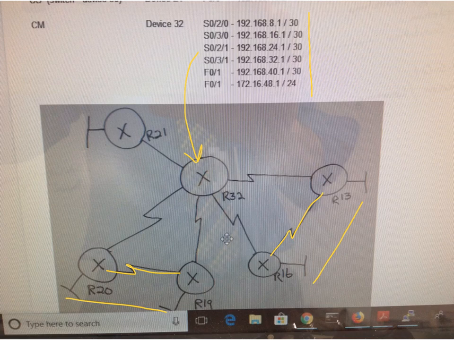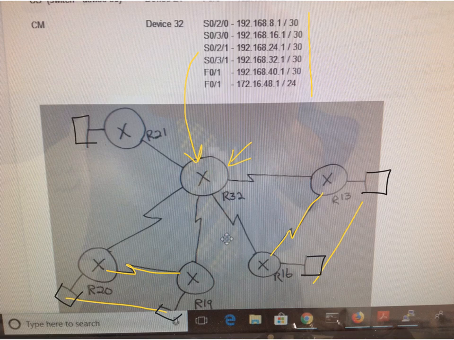Then we have those connections into here, and we're running router RIP. So when you get done, you should be able to see all of these networks, as long as you configured your switches correctly, with the right addressing. Does that make sense?